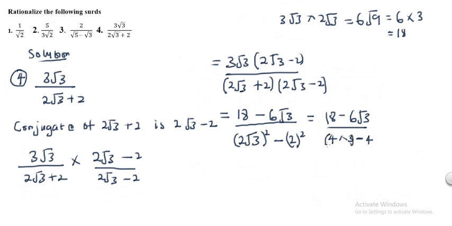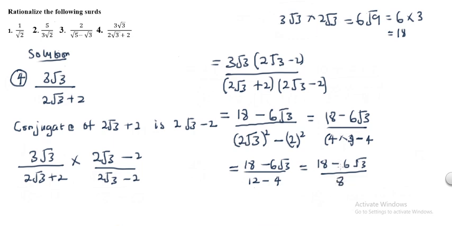So this is equal to 18 minus 6 root 3 divided by 4 times 3, which is 12, minus 4, which is 8.